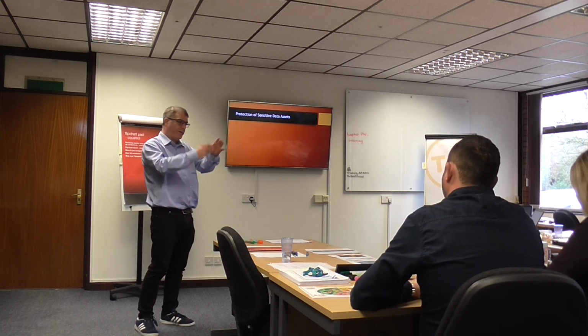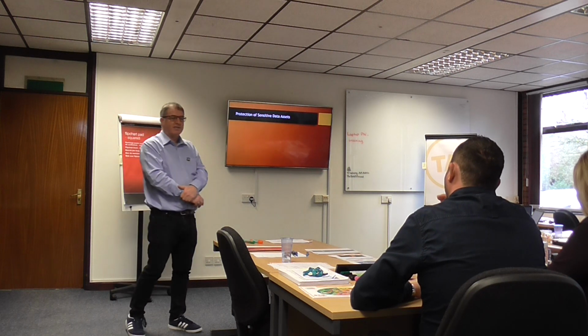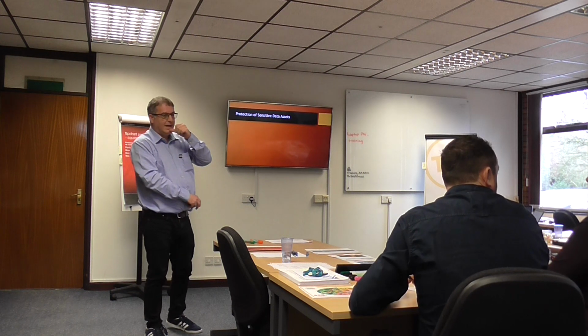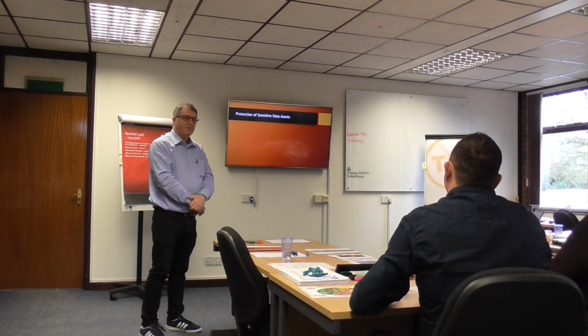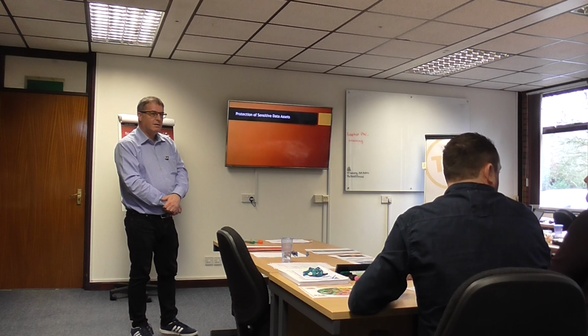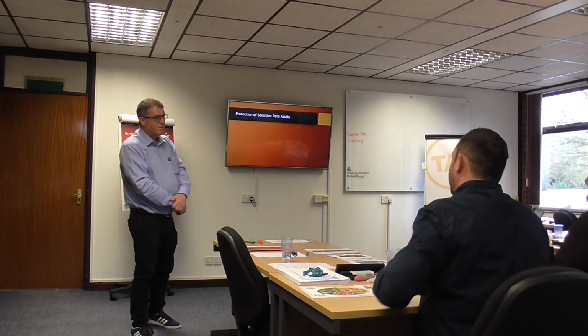Okay, so once it's locked away, what other ways might you protect the information assets in this room? So you've got a safe in the corner, and it's locked. How else might you protect that? Well, if it's a locked safe, I wouldn't particularly think it would need protecting that much, to be honest.